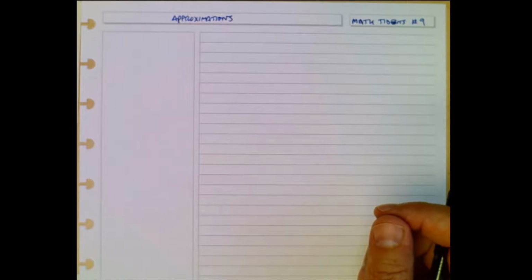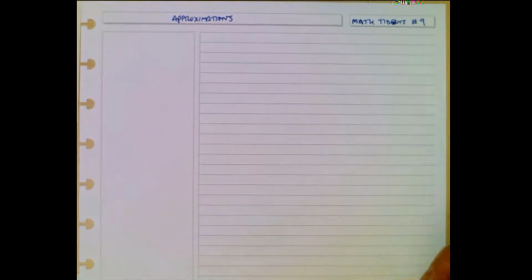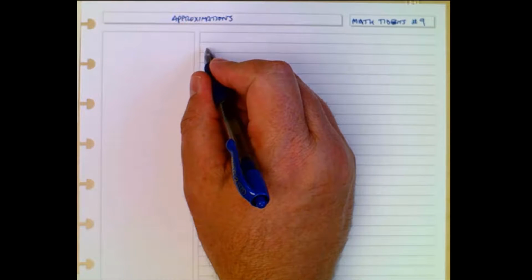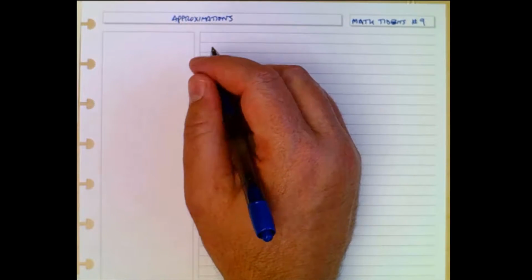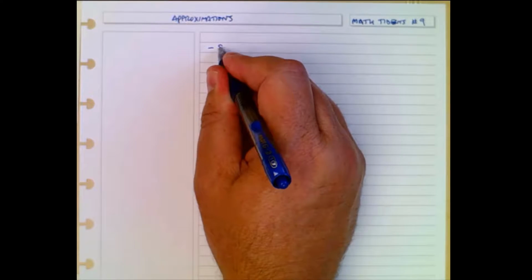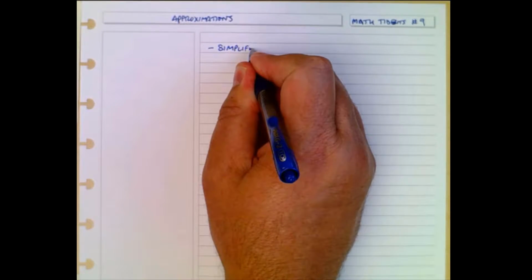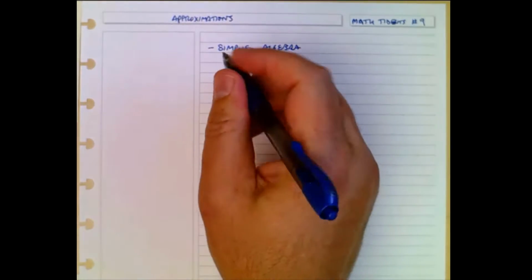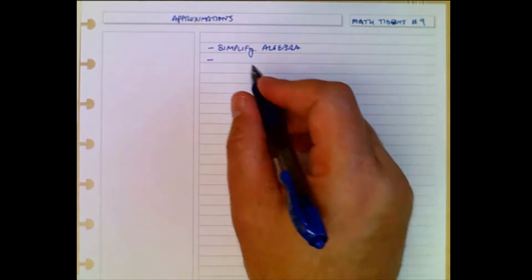What I'm talking about is an act of simplification that we often do in physics, where we want to take advantage of the characteristics of the mathematics and simplify the algebra in some cases by making an appropriate approximation, and we'll talk about how to do that in a bit.